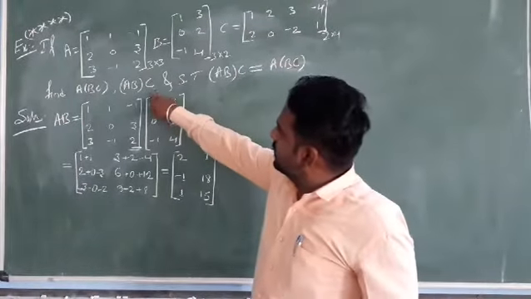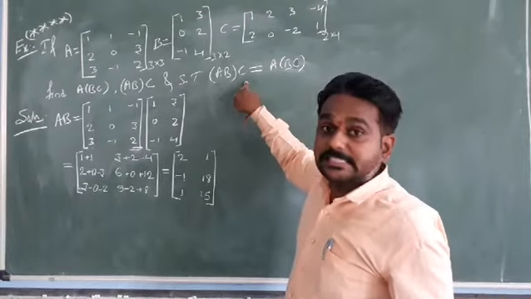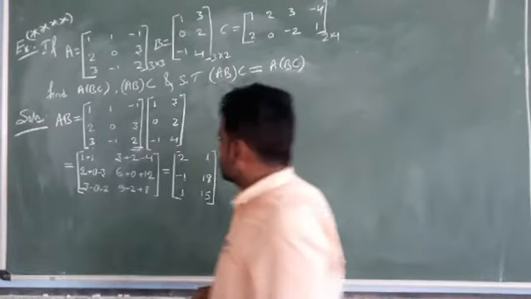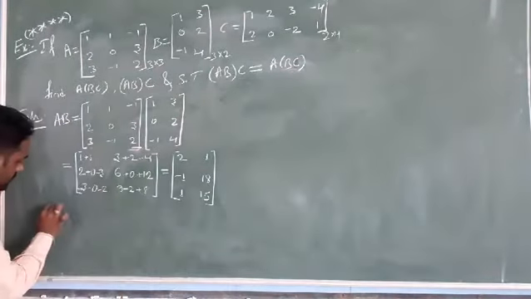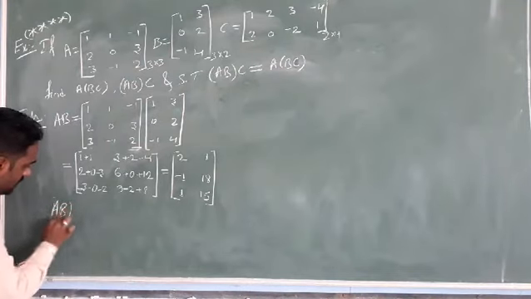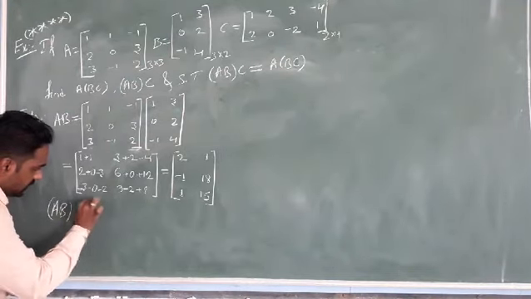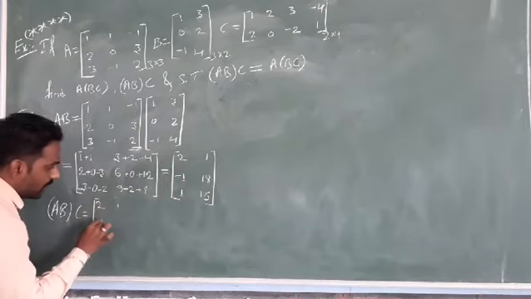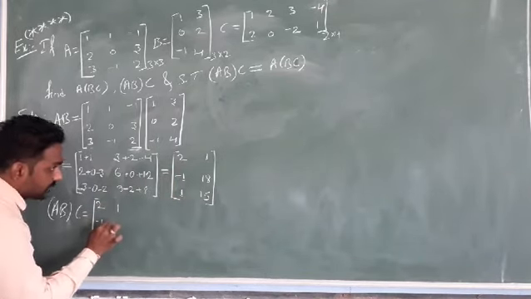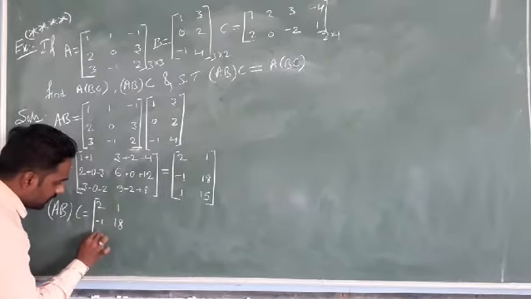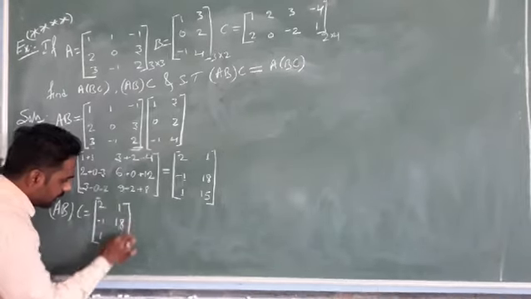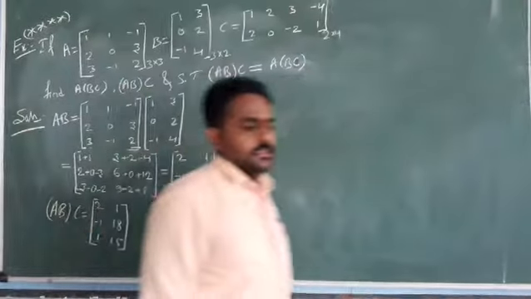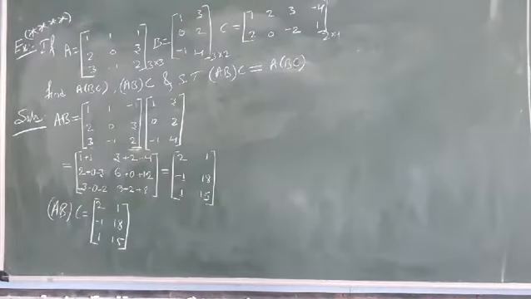Next, you have to multiply with C. Okay, so what is that? AB into C. What is the AB value? 2, 1, minus 1, 18, 1, 15. This is the AB. And what is the C they have given?